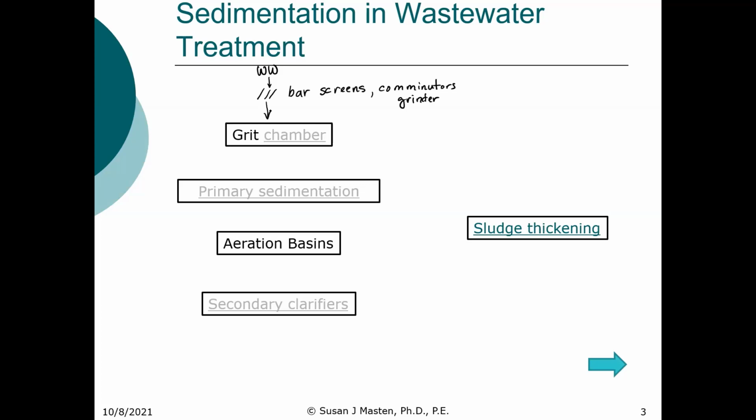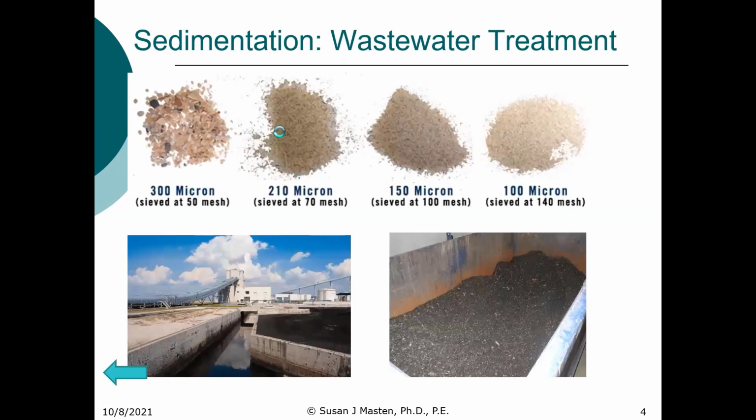From there, it goes into a grit chamber. Now, a grit chamber is designed for type 1 sedimentation. That is the removal of discrete particles. Grit chambers remove what is referred to as grit.